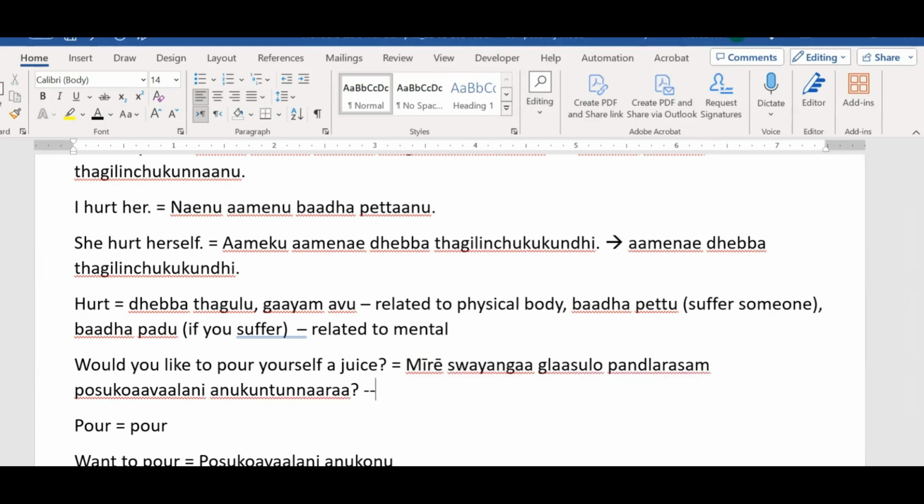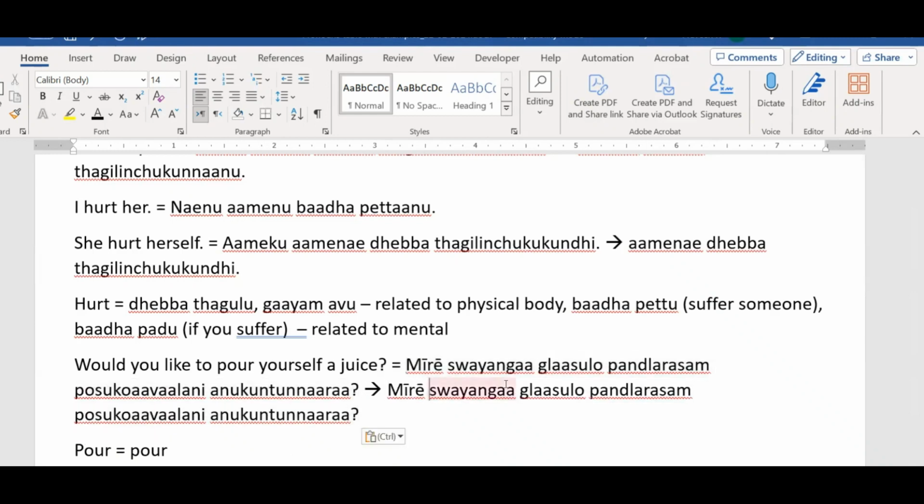But here you can skip this swayanga and simply say mere. That is enough in the spoken language. But swayanga is also fine. Okay. Then juice means pandla rasam. Let's go to the next one.